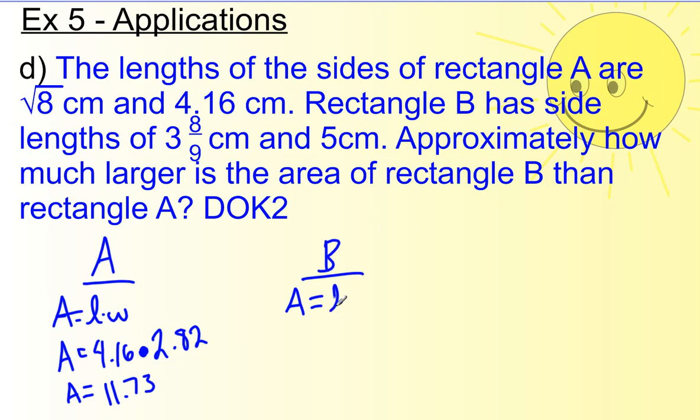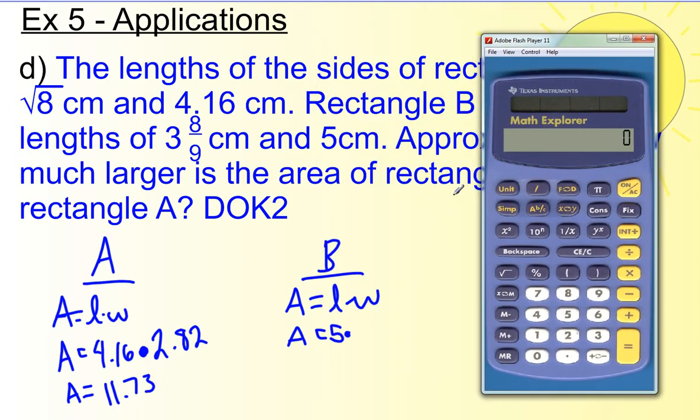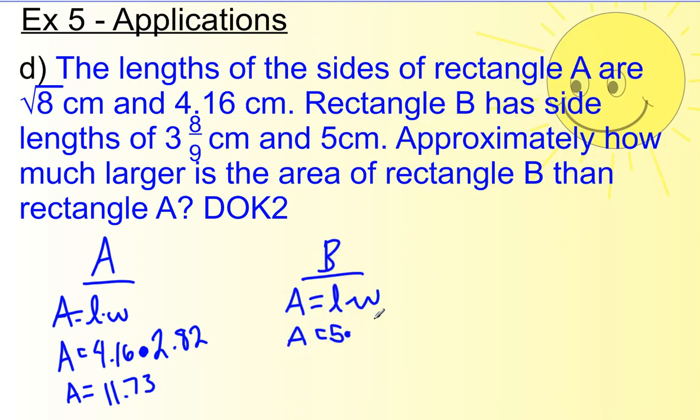So length times width. The length is 5. The width is this 3 and 8/9. 8/9, if you remember from the last lesson, as turning a rational number, something over 9, into a decimal, is going to give us 0.888888888. It's a repeated decimal. So we have 3.8 repeated, but I'm not going to type in the repeated.